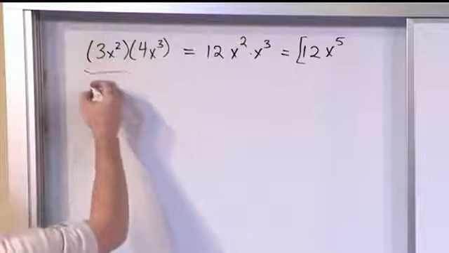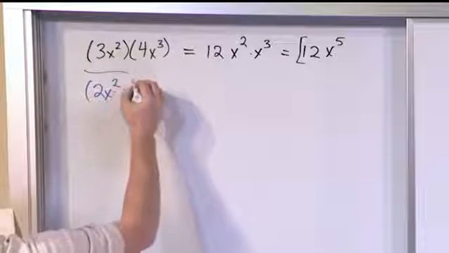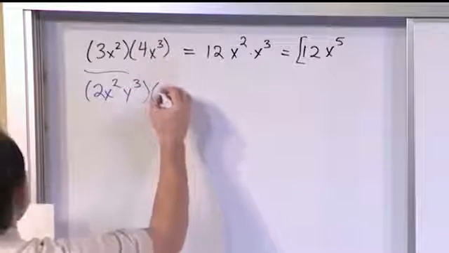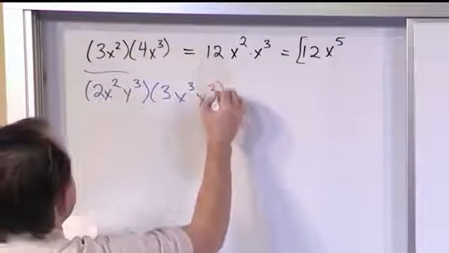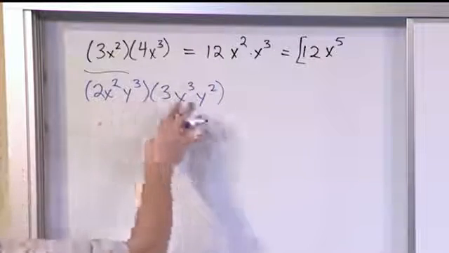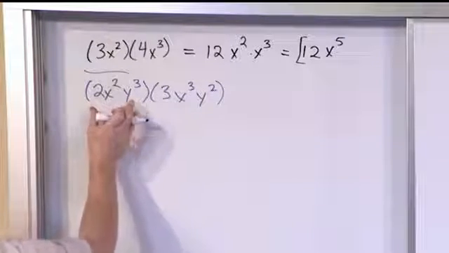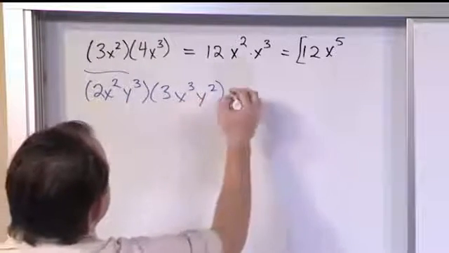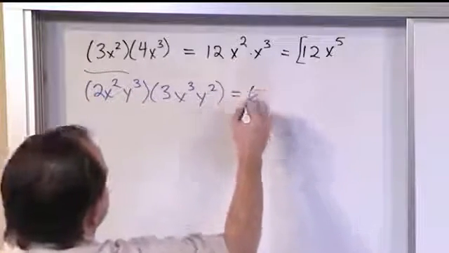But for now, let's say we had something like 2 times x squared times y to the 3rd multiplied by 3x cubed times y squared. Again, there are no plus or minus signs anywhere, so these are not very large. This is a single term polynomial called a monomial, multiplied by another monomial. So you have numbers, 2 times 3 you do first is 6.